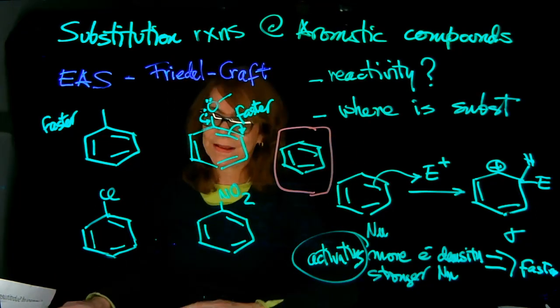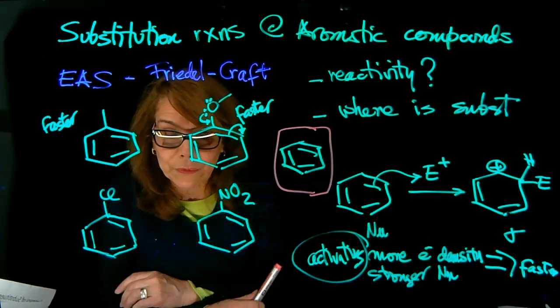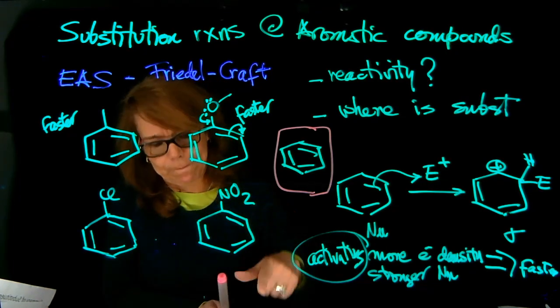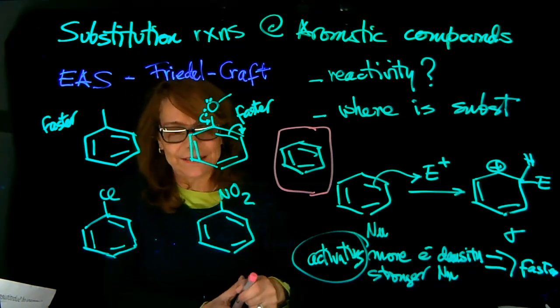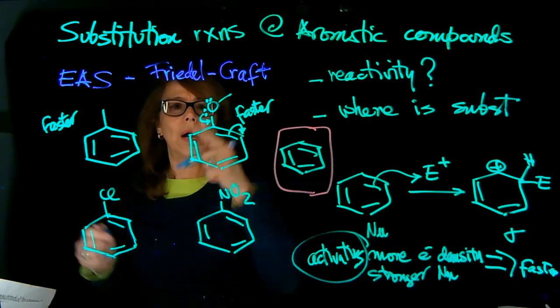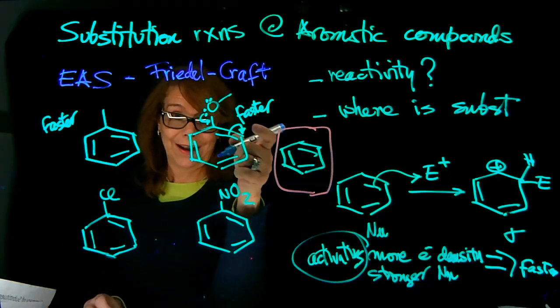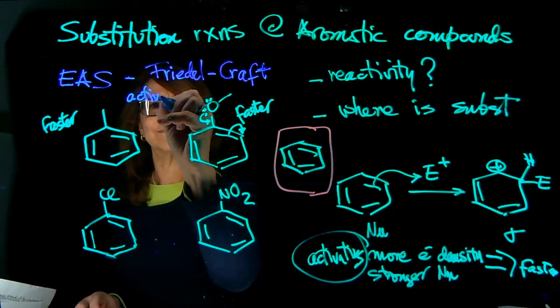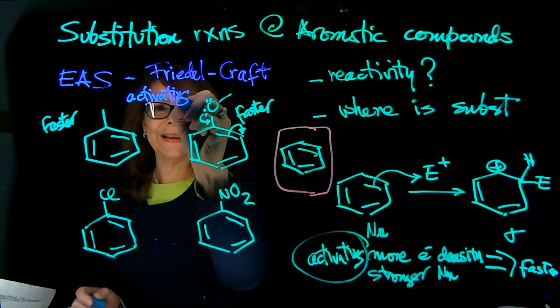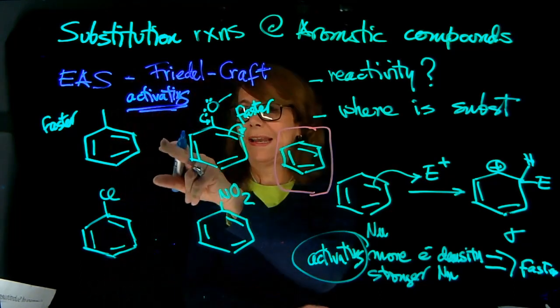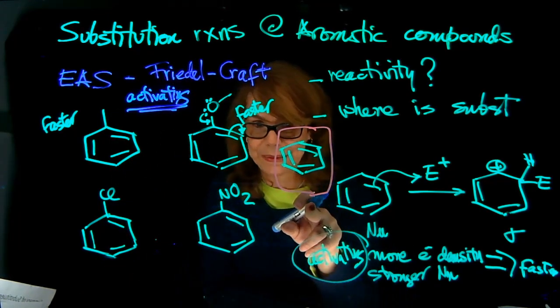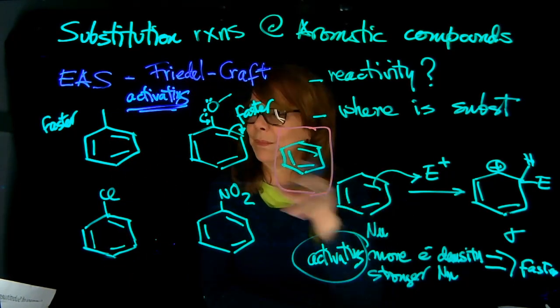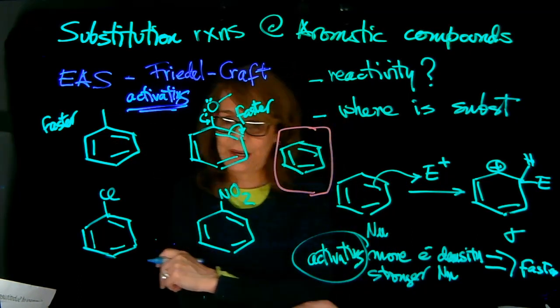Now, this too reacts faster than benzene, which is your reference, your baseline. Now, these two molecules react slower than benzene. So we call this group deactivating. These two alkyl groups and the one with oxygen, for example, are activating groups. And again, that word means they react faster than benzene in electrophilic aromatic substitution reactions.